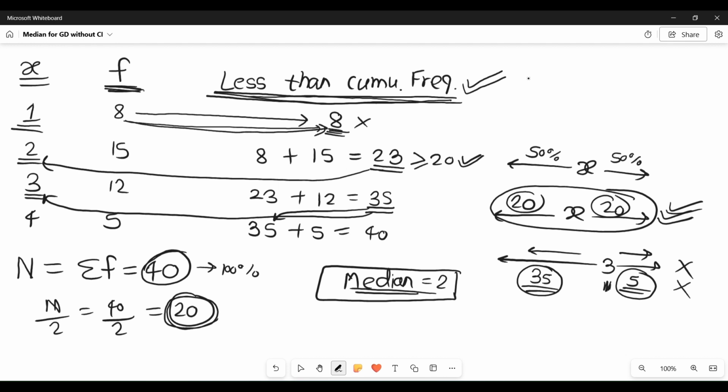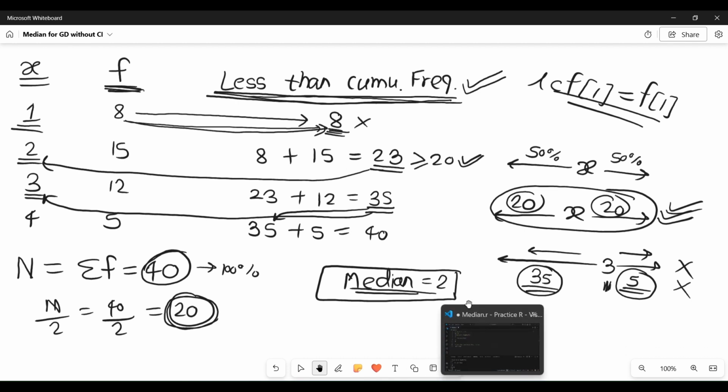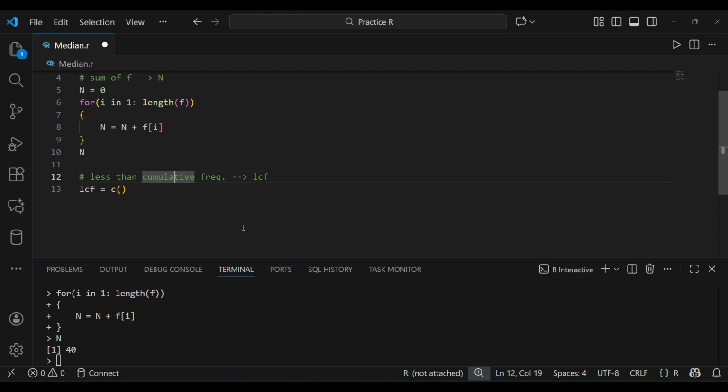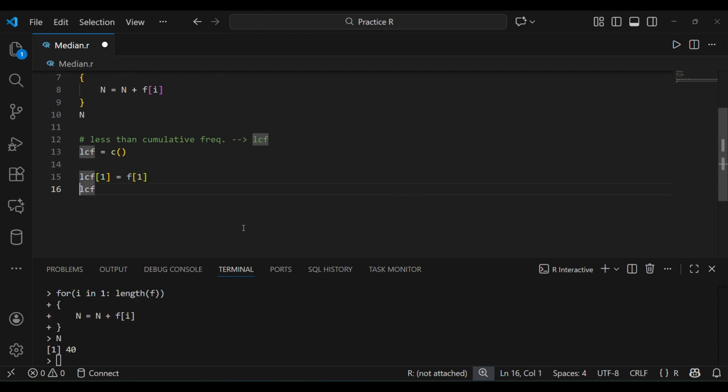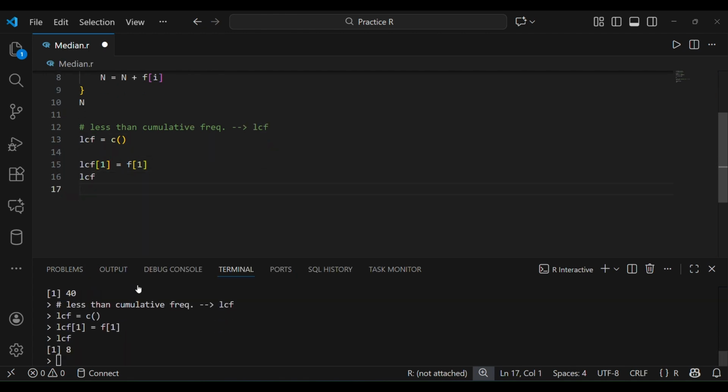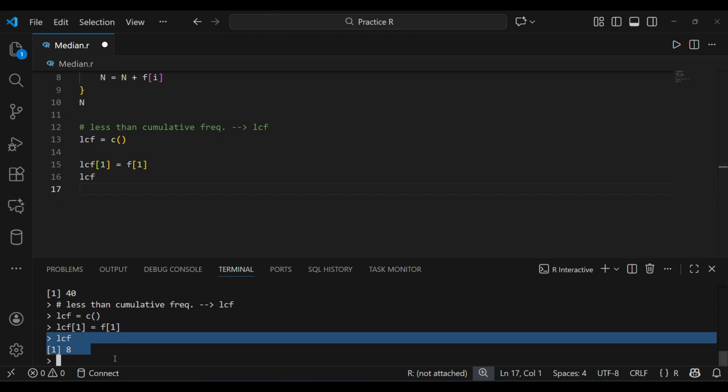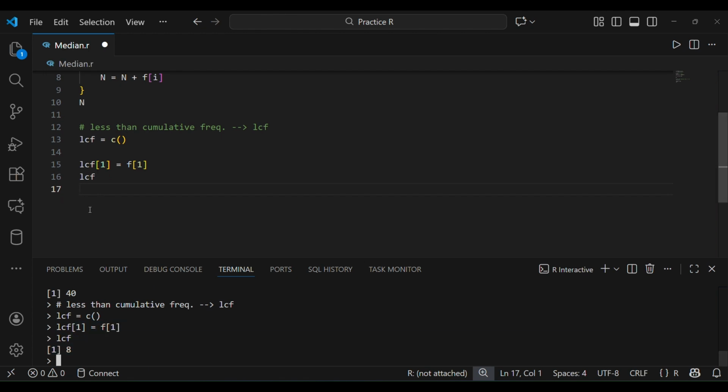That means here, as you can see, we are storing 8 as it is, that is the first frequency value, as the first less than cumulative frequency value. The same thing we are doing in R also. So LCF of 1 is equal to f of 1. Here we can print LCF at this point and check. So here it is, LCF is storing 8 at this point of time.